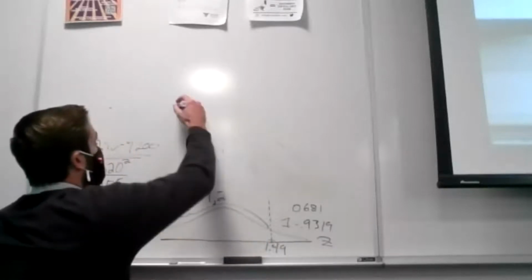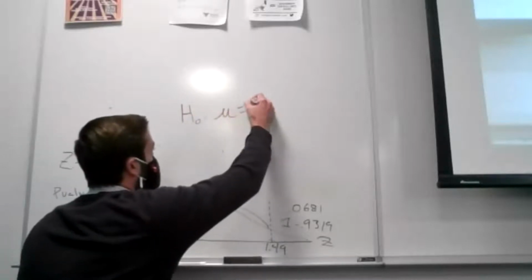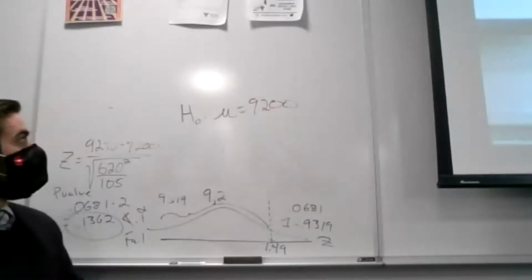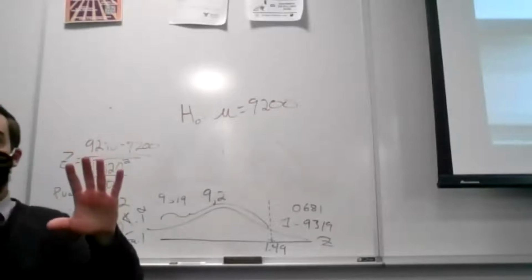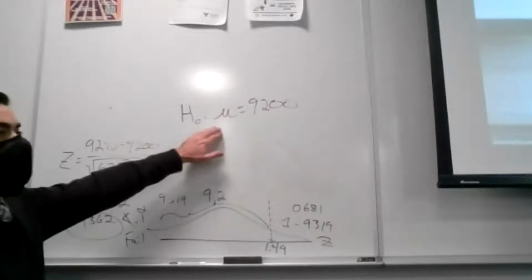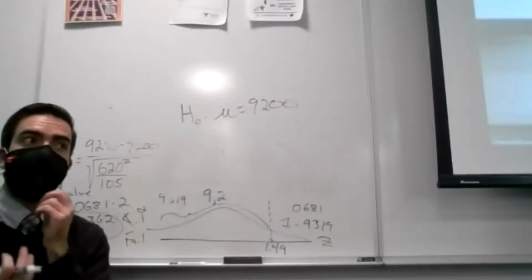Okay? So my null here was this. Let's start with the reject. I know that's not what we're doing here, but let's start with that. If I'm rejecting the null hypothesis, remember the null hypothesis is what I'm assuming is true.